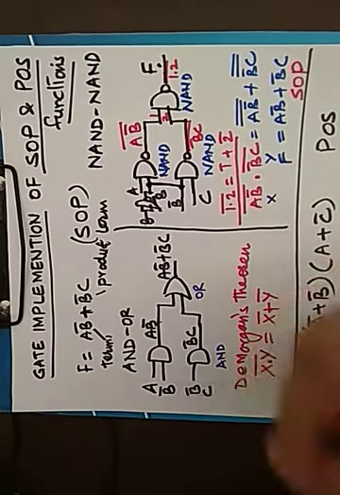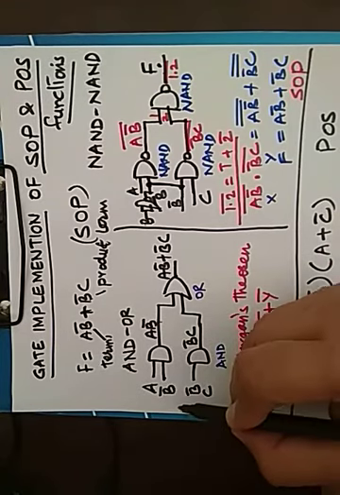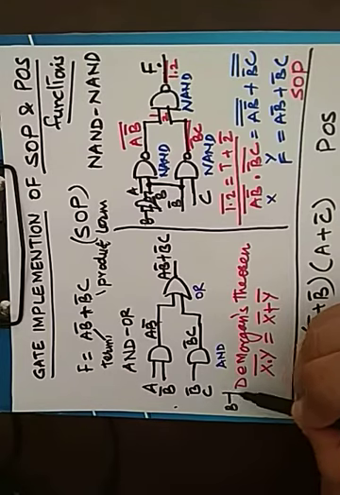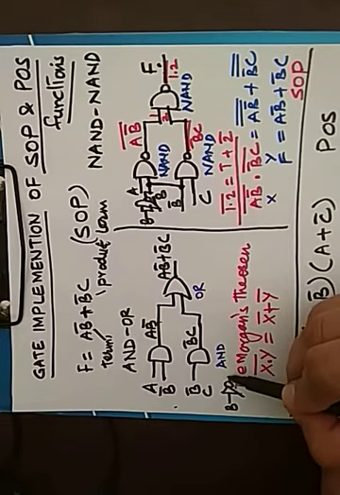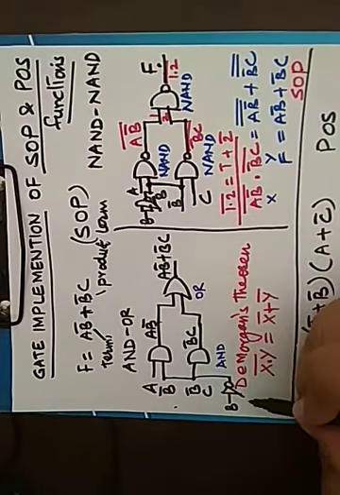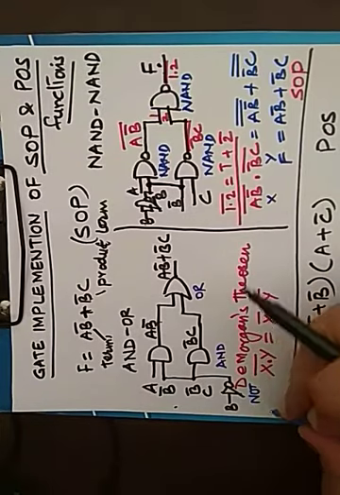Here too, this is B bar, but the input to the circuit is normally B. So at the input B there will be a NOT gate, connected to B bar like this. NOT is also called invert.